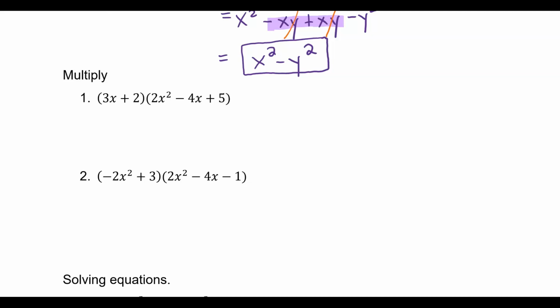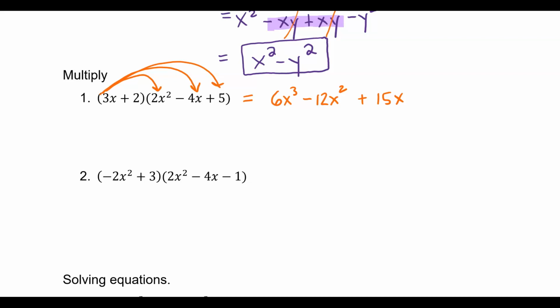So, let's begin. 3x times 2x squared is 6x cubed. What is 3x times negative 4x? Negative 12x squared. Next, 3x times 5. That would be 15x.